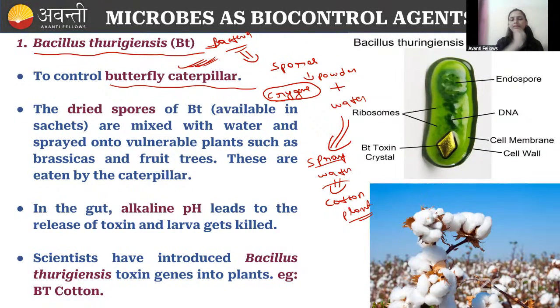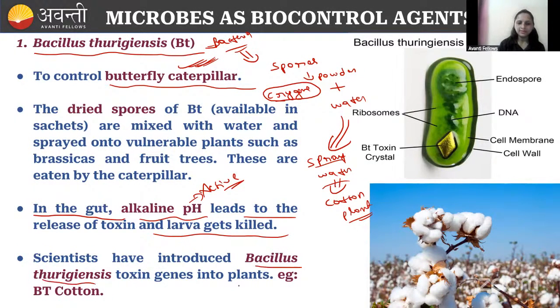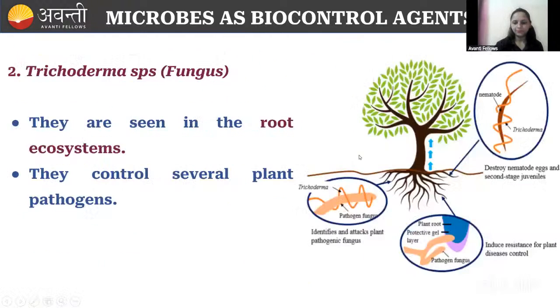When it makes holes in the gut, the caterpillar will burst out the gut and die. Remember this: in the alkaline gut, the bacteria becomes active and then kills the larvae. This is what we widely use for the Bt cotton plant. This is one method.